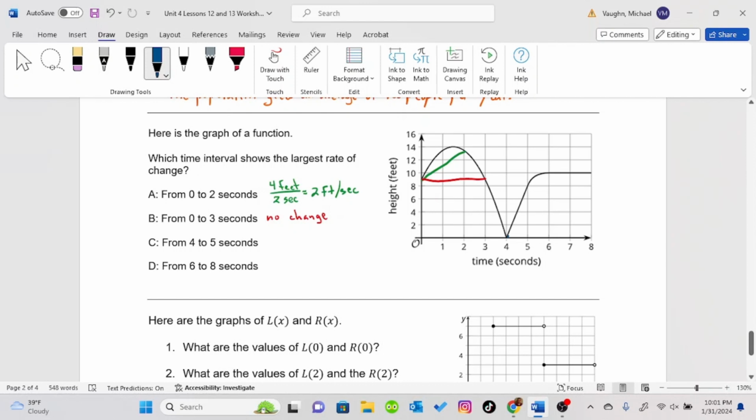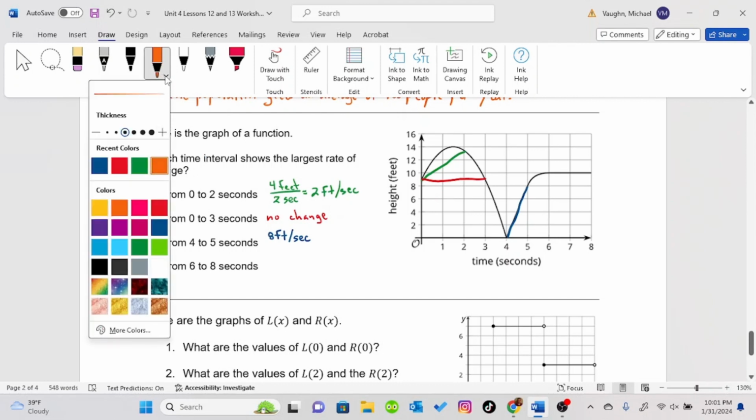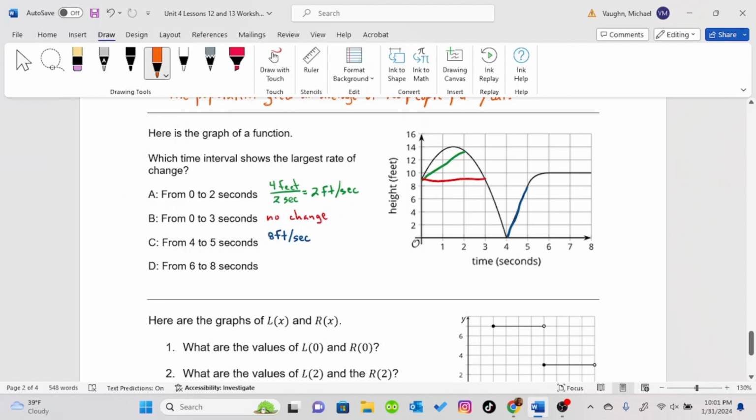That's from 0 to 8 feet. That's a change of 8 feet per second. And finally, from 6 seconds to 8 seconds goes from 10 feet to 10 feet, which is another no change.